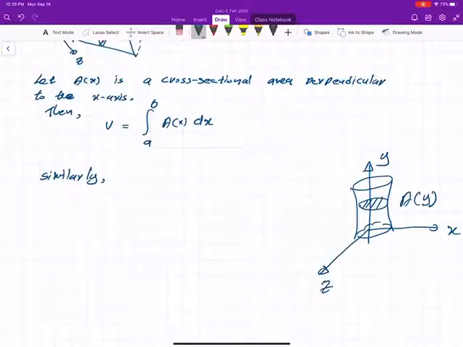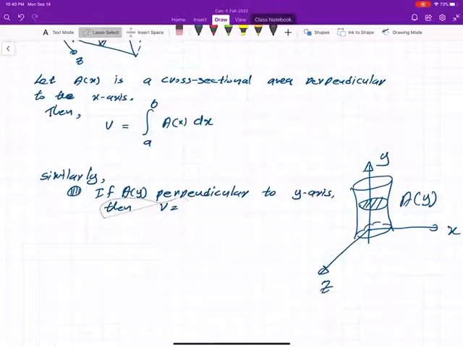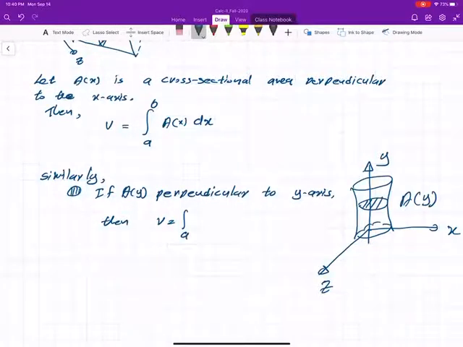Similarly, for the first case, if A of y is perpendicular to the y-axis, then let's say this point is p and that is q.